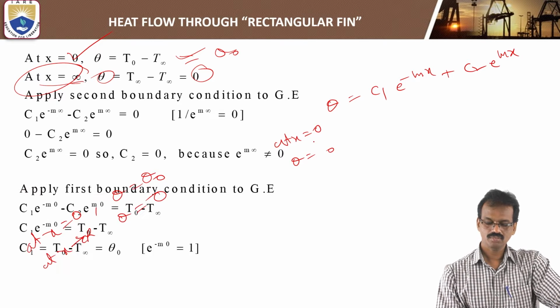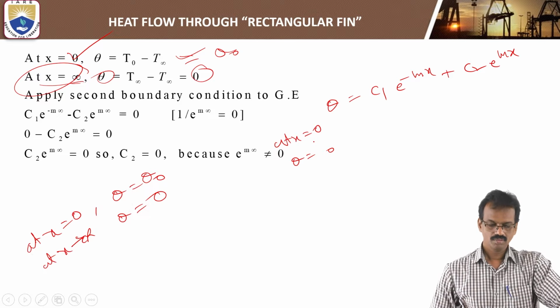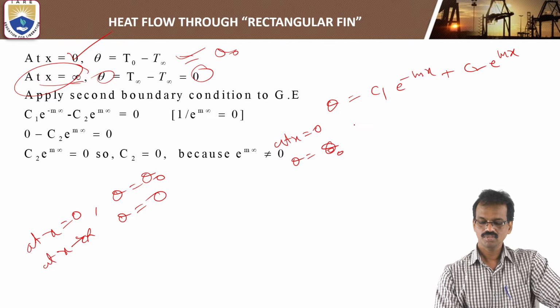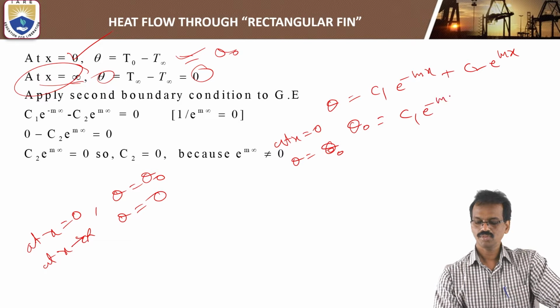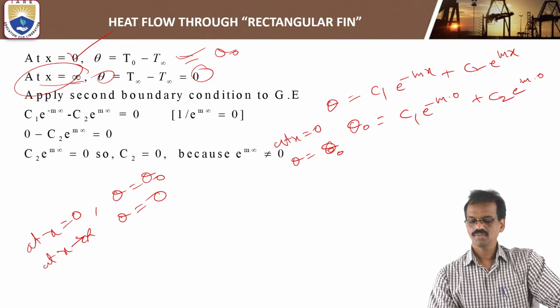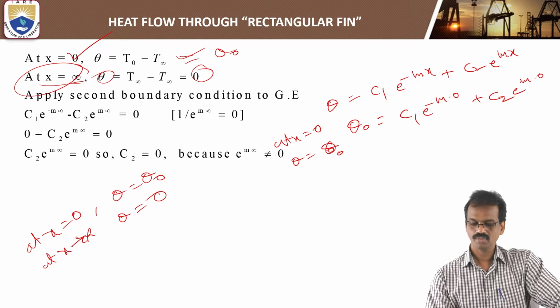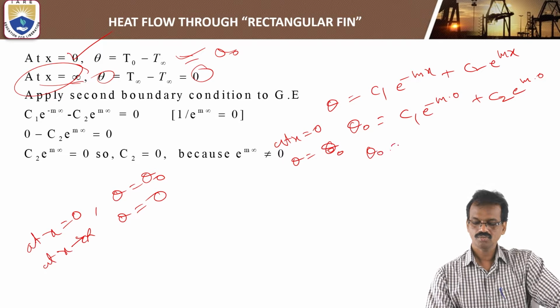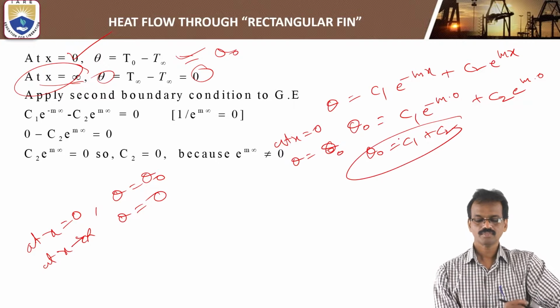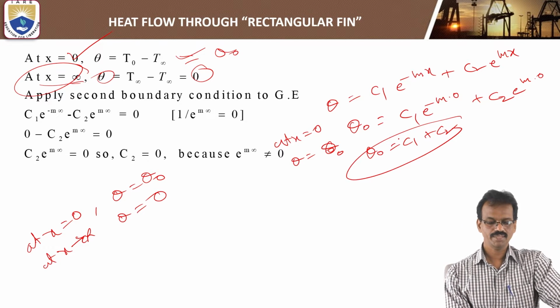So theta naught is equal to C1 e to the power of minus m into 0 plus C2 e to the power of m into 0. m into 0 means 0, e to the power of 0 is equal to 1, you know that. Then theta naught is equal to C1 plus C2. So that is equation 1 you can take.